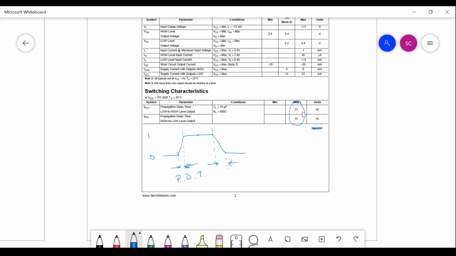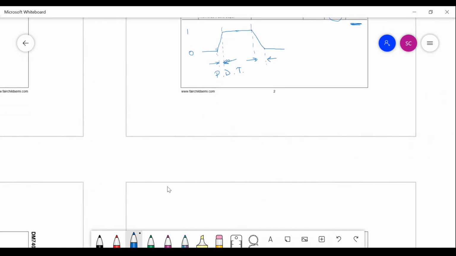So even after 22 nanoseconds, if you are not getting the output as 1, then there is some problem, perhaps in the circuit or somewhere else. You can recheck, re-verify that. But if you are trying to sample before the propagation delay time is over, then you might not get the correct result. Okay, that is the significance of propagation delay time.